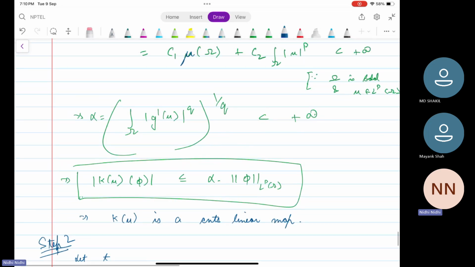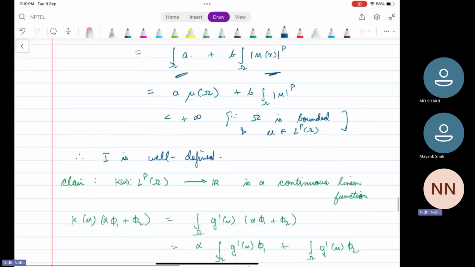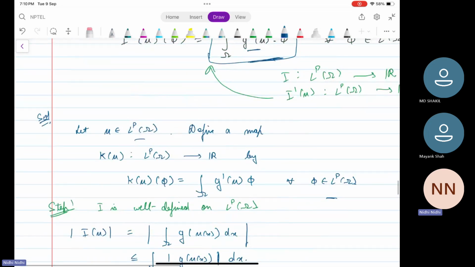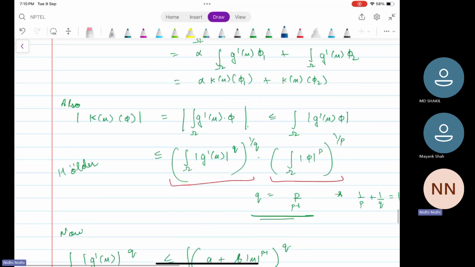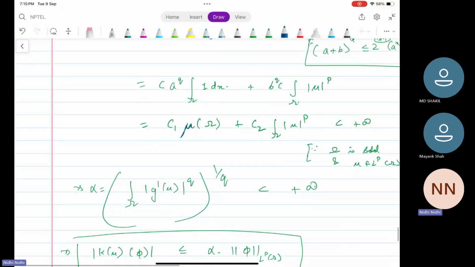I'll keep telling you, because the definition of LP space is the way we have defined the norm. Measure is something like, for example, when we integrate from A to B the way we do in R, this interval A to B has measure B minus A.